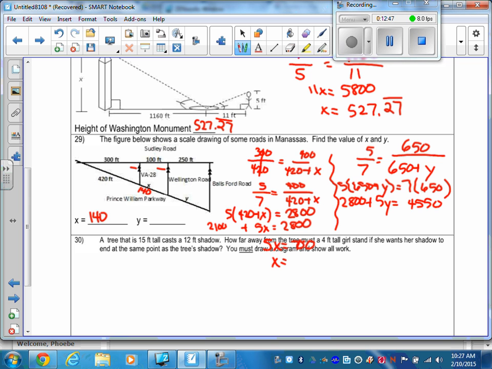So 5y is 1,120. Subtract 2,800 from both sides. Now divide both sides by 5. And you get y is equal to 350.